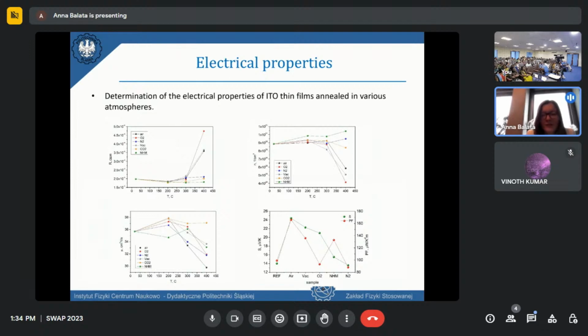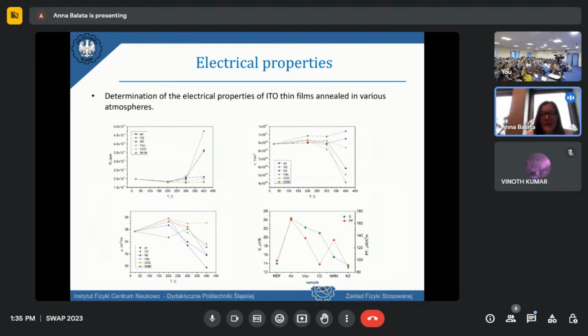But if we analyze the data for 400 degrees, we see that the electrical resistivity almost doubled for layers exposed to oxidizing atmospheres. So the electrical conductivity dropped for layers annealed in air, oxygen, and vacuum. And a similar tendency is seen in carrier concentration and mobility.